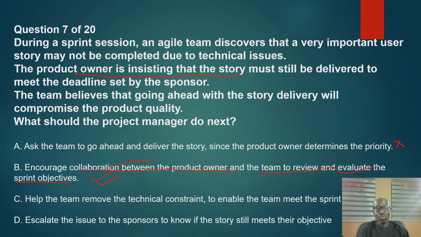That is the correct thing to do. Collaboration. Scrum encourages collaboration. So that is part of one of the rules of Scrum. So number 7, B should be the correct answer. Let's see.